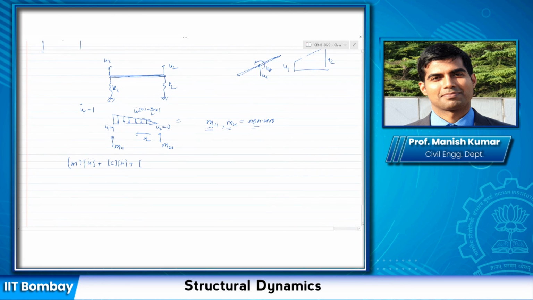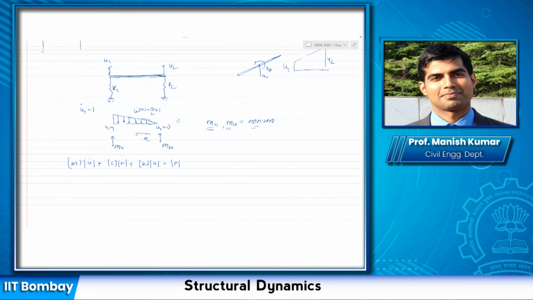I have not discussed the damping matrix because the procedure is similar to the stiffness matrix as long as the dampers are similarly placed. Okay. And so both these two methods are employed in multi-degree of freedom systems to find out the stiffness matrix or the equation of motion.